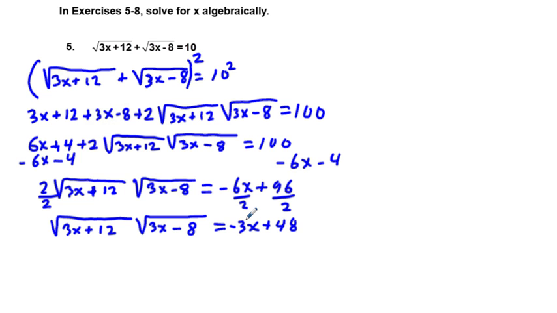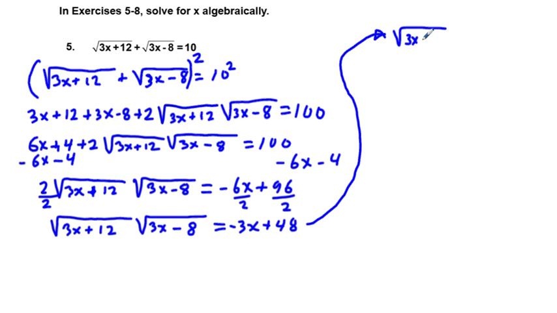And the next thing we're going to do after that is square both sides of this equation. And I'm just going to bring this up to the top here. I'm going to kind of work below at the right here.